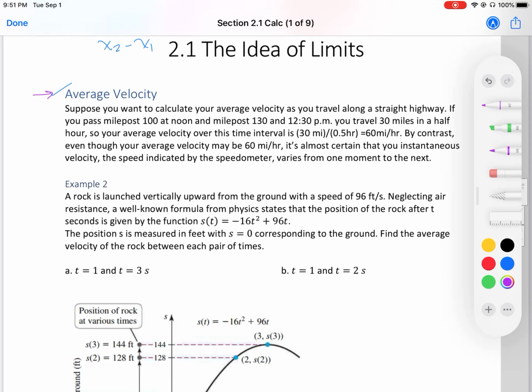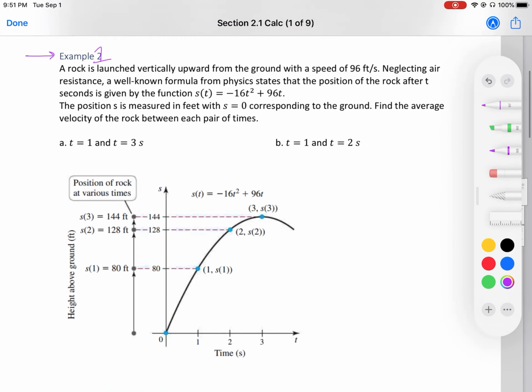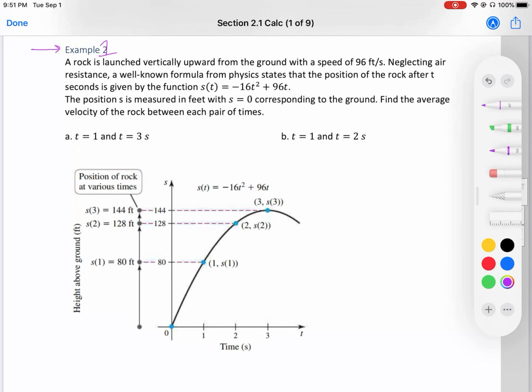All right, we're going to see this drawn out with this example. This is example 1. The rock is launched vertically upward from the ground with a speed of 96 feet per second.